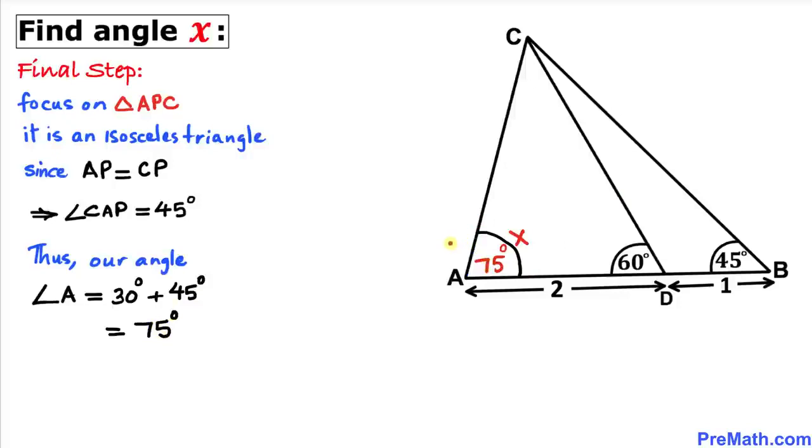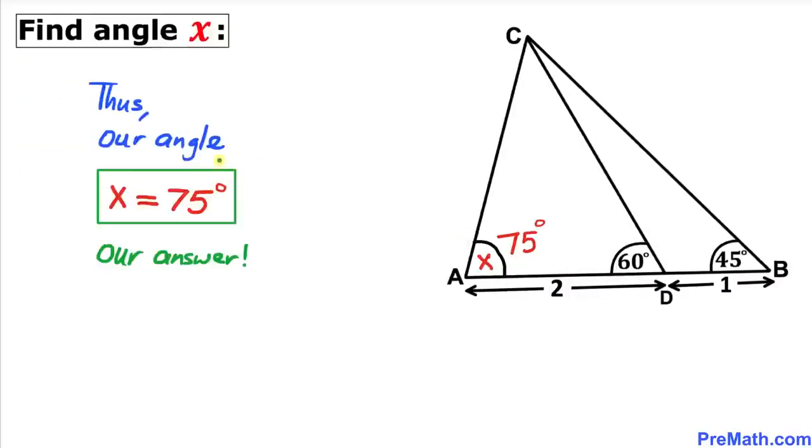So therefore, our angle A turns out to be 75 degrees, but we knew that this angle A is equal to X. So therefore, we conclude that our angle X turns out to be 75 degrees. So thus our angle X turns out to be 75 degrees, and that's our final answer.